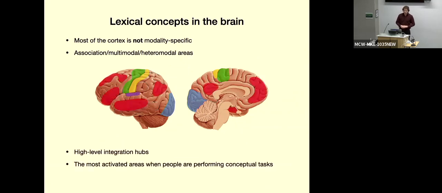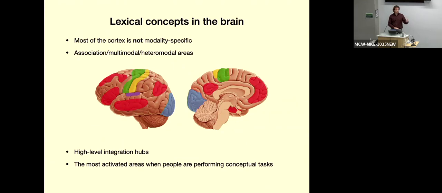And we know that there is a set of areas in the association cortex that is commonly known as the default mode network, because these areas tend to become less active when you perform a task in the scanner than when you're resting.